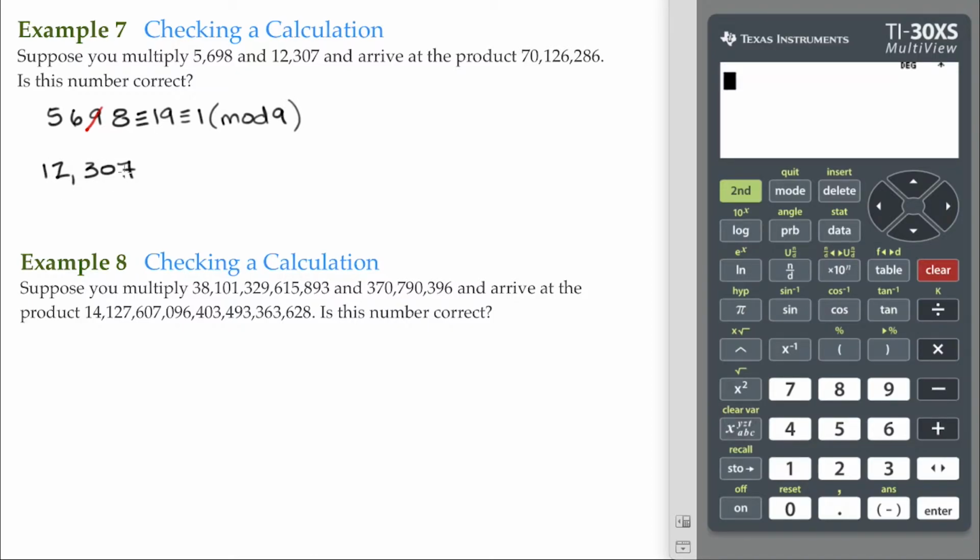I'll do the same for the 12,307. I'll cancel out the 0, the 7, and the 2. So that's going to give us congruent to 4 modulo 9.